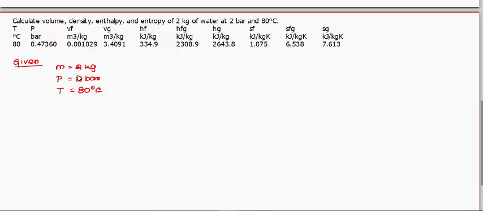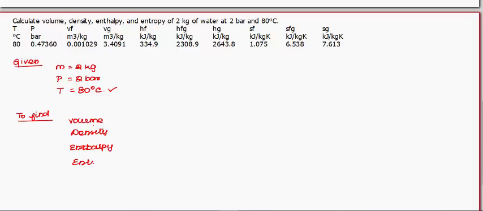The properties are given for 80 degrees Celsius temperature, so you can choose the temperature value. The parameters to be calculated are first volume, second density, third enthalpy, fourth entropy.